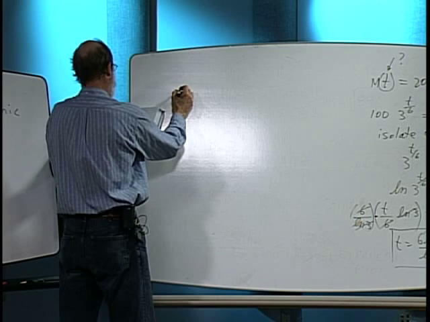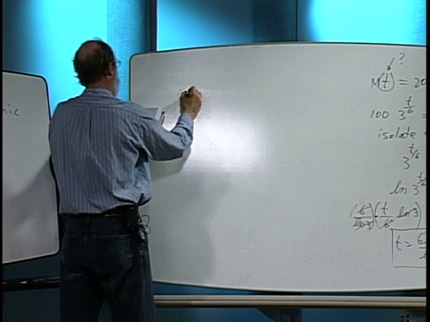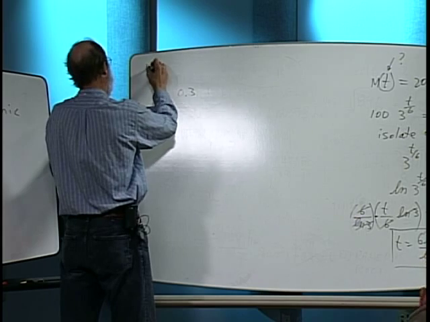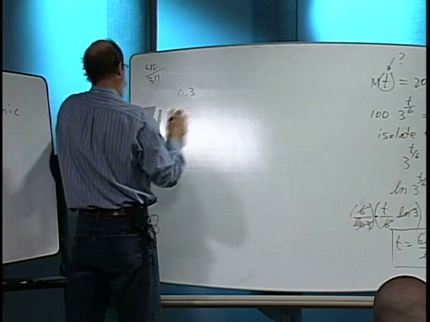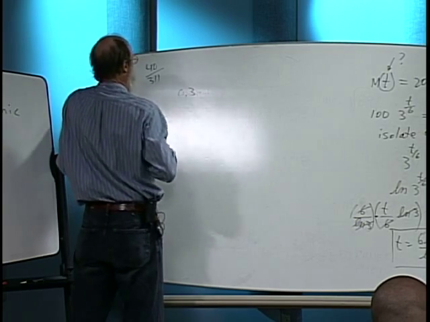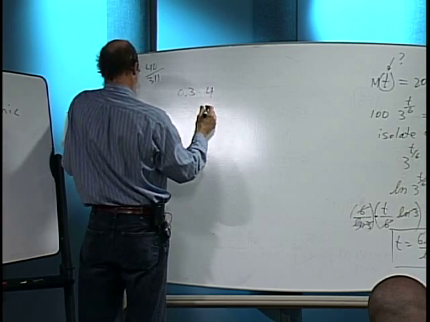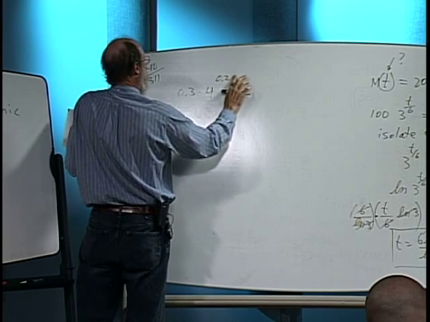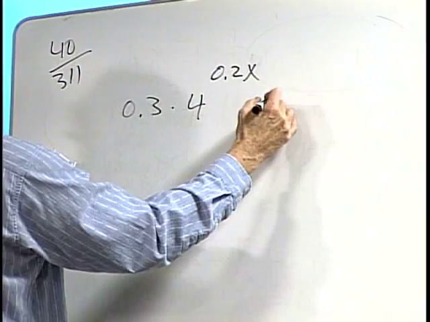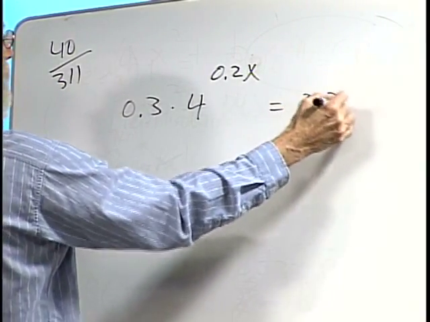Let's say we have the following, this happens to be number 40 on page 311: 0.3 times 4 raised to the 0.2x is equal to 0.2.